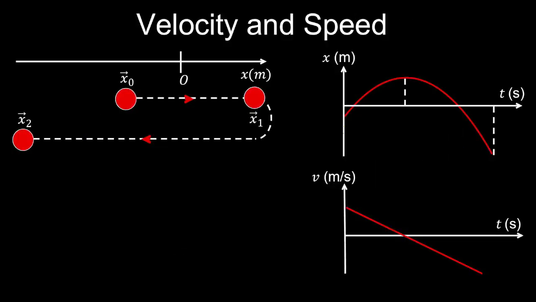We can define the average velocity as the change in position or displacement on a change in time. And that can be seen between 2 points on the position time curve.